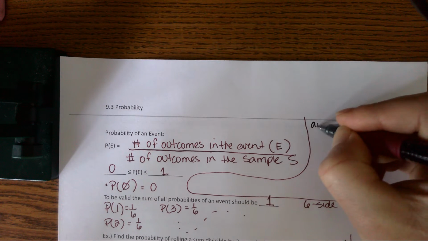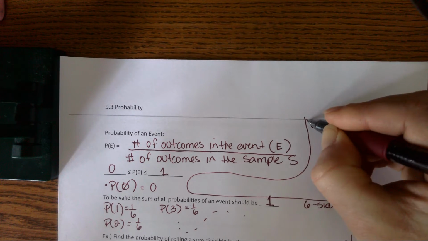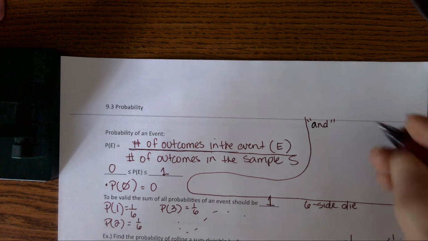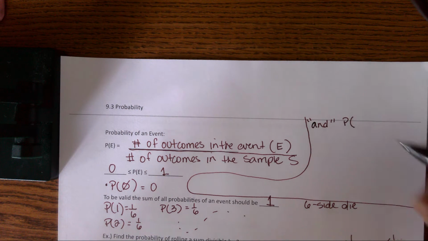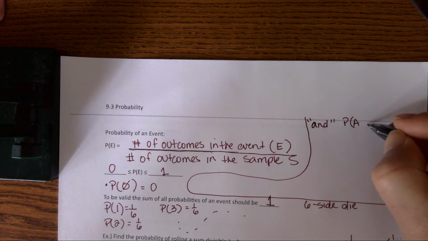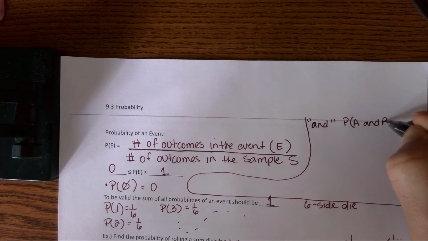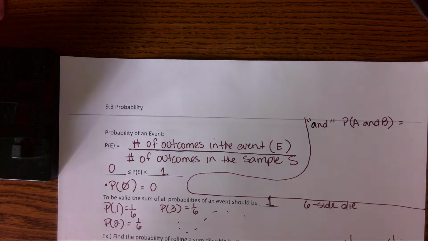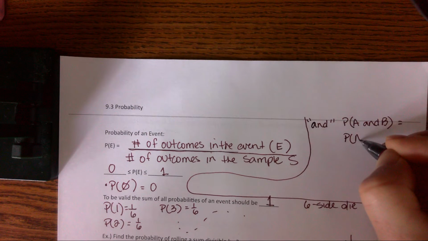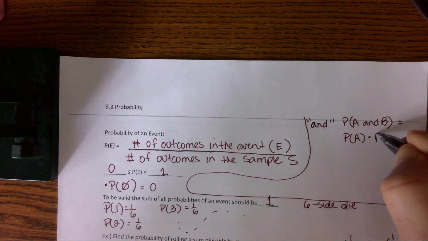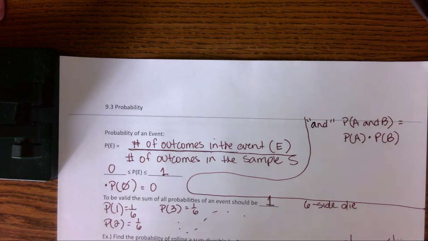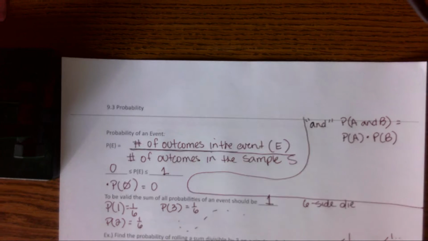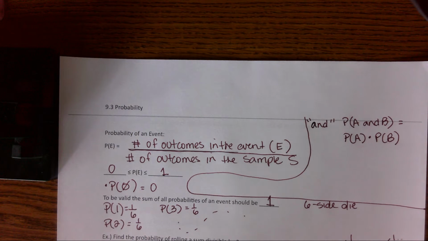If you see the word "and," meaning if you wanted to know the probability of A and B happening, what you could do is just take the probability of A times the probability of B. This is assuming that there is no overlap in the two.